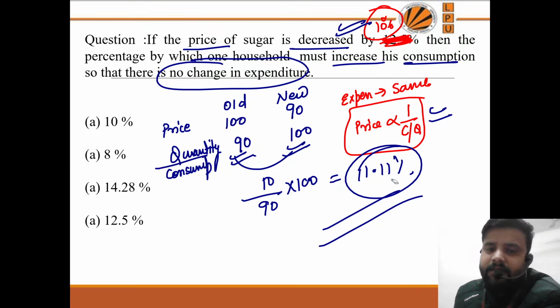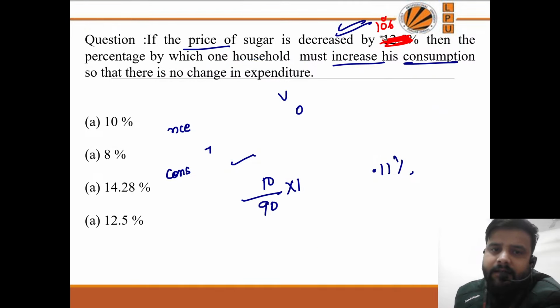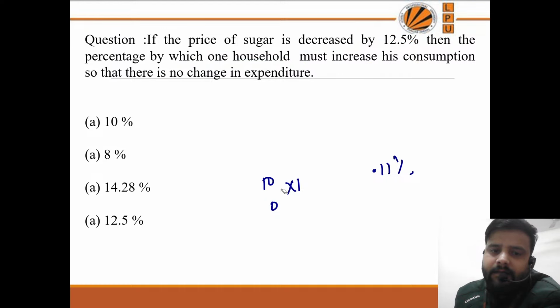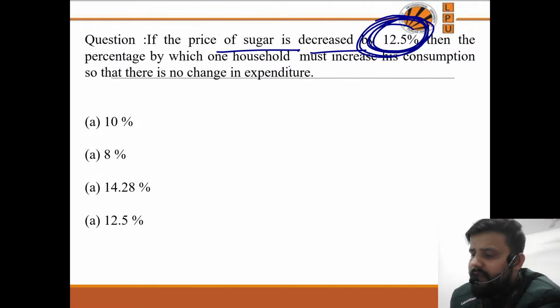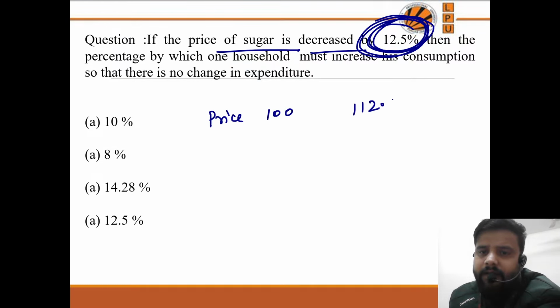So now let's come to the original question. The price is decreased by 12.5. When nothing clicks, take 100 always. So the price initially was 100. Now it is 112.5.